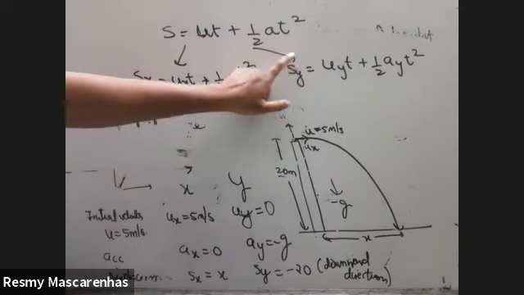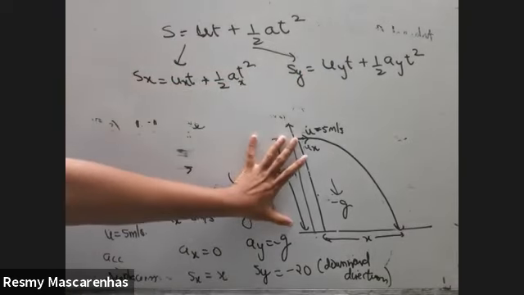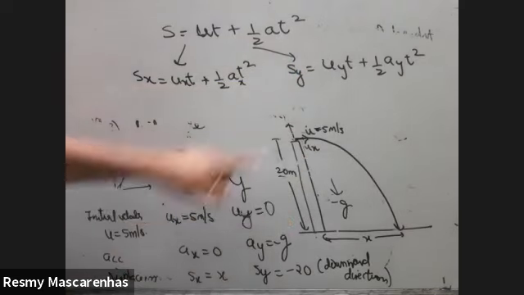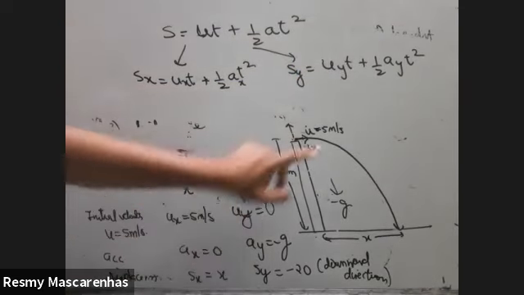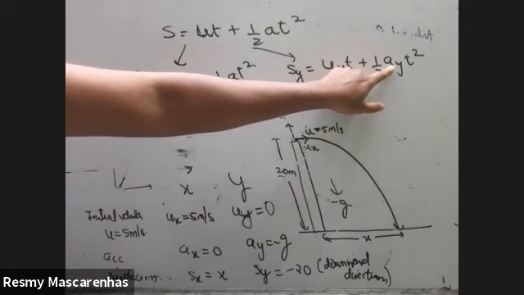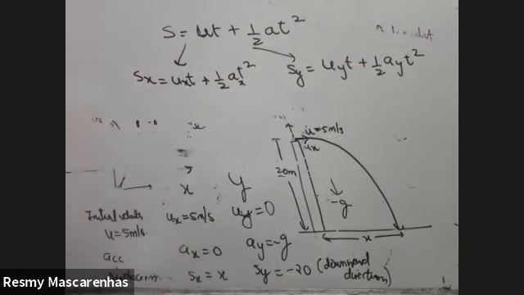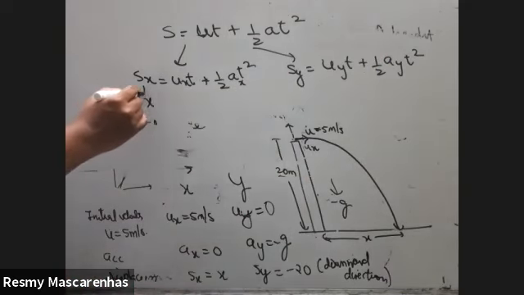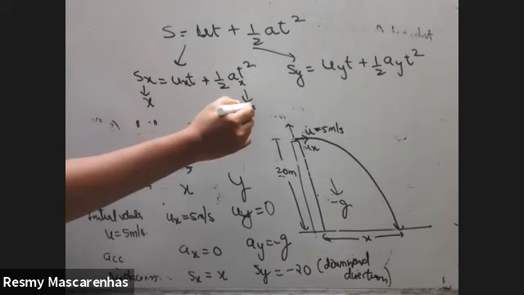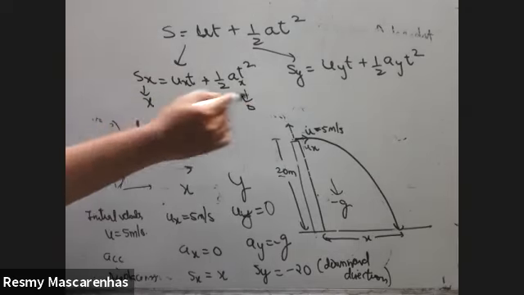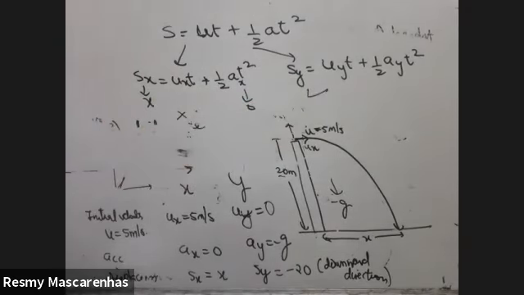Here I know the value of s of y, that is minus 20. I know u also, that is 0. And I know ay also, that is minus 3. So only t is left to find, so I'll have to use this equation. In the other equation, this is unknown and this is unknown. Two unknowns, so I will not use it. I will use this equation to find the time.